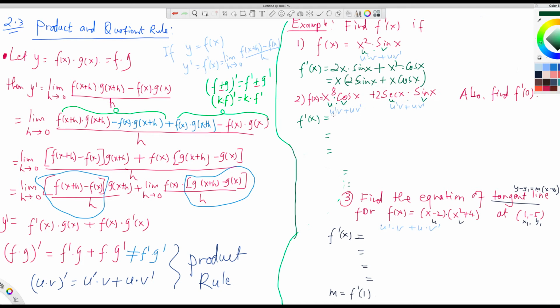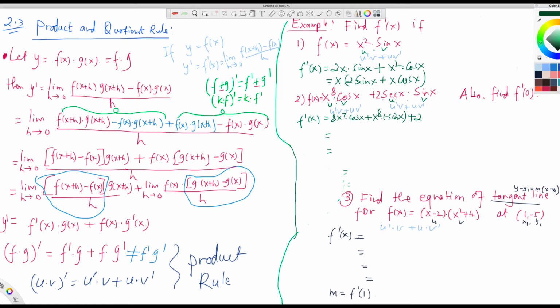You get u prime is 8x to the 8 minus 1, which is 7, times cosine x as it is, plus x to the 8 times v prime, which is negative sine x, right? That's what I get. Plus, now this 2 is just a number, so you can keep that out. Because if you are finding the derivative of k times f, you can take k out and find the derivative of f only.